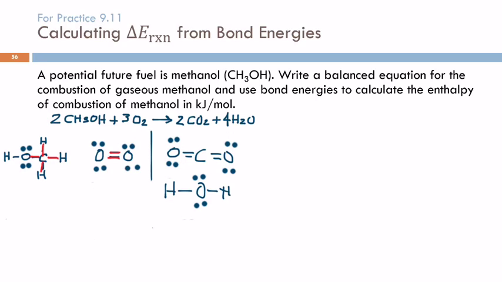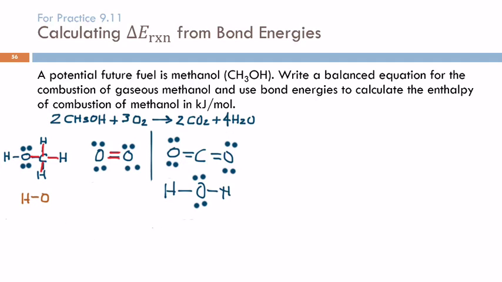So we have, I'm going to go to a different color here, hydrogen-oxygen bonds, single bonds, right? We have 2 of these molecules. Each of them has 1 hydrogen-oxygen bond.